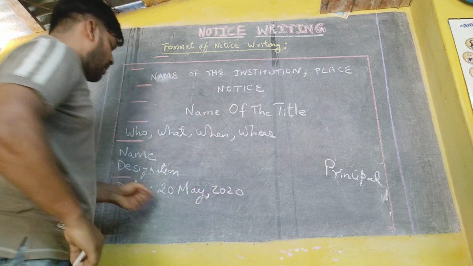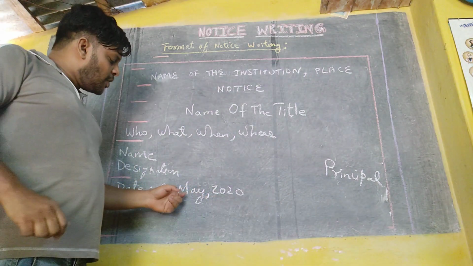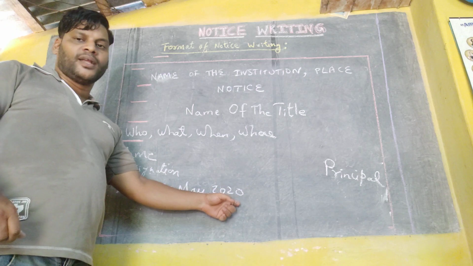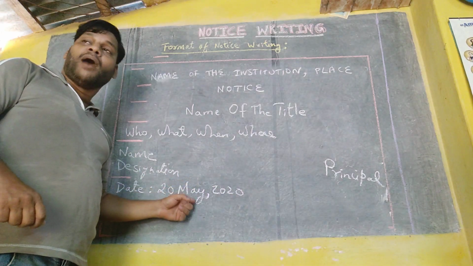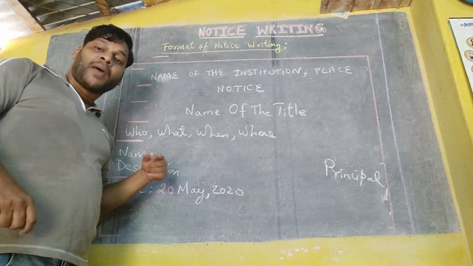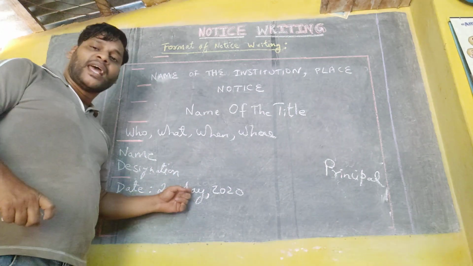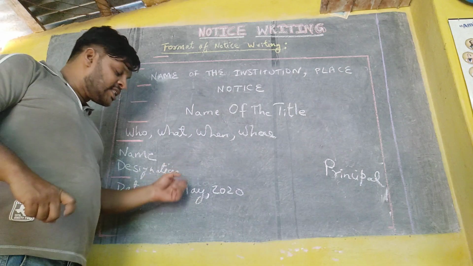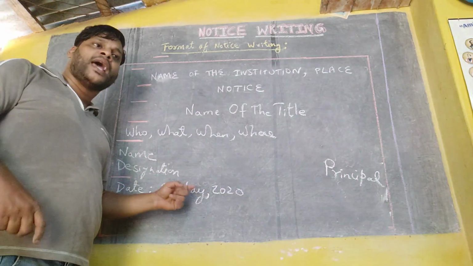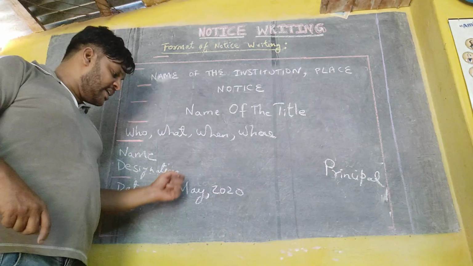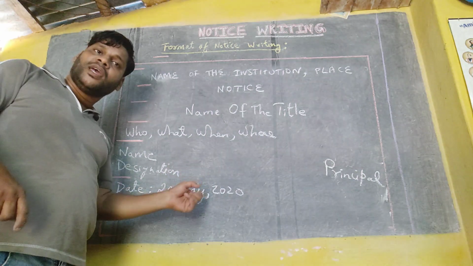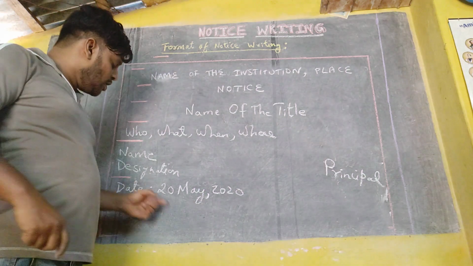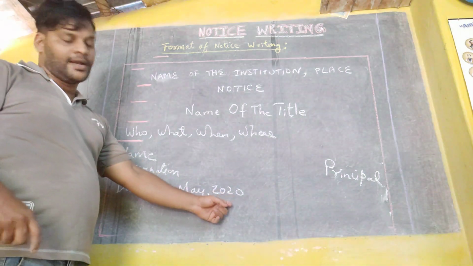So this is the format of the date. Suppose it is January, don't write 20th Jan 2020. You have to spell the full month. If it is Jan, it has to be spelled January. If it is Feb, don't write just Feb. It has to be February. If it is August, don't write AUG. You have to spell the full month, August. So this is the format of the date.